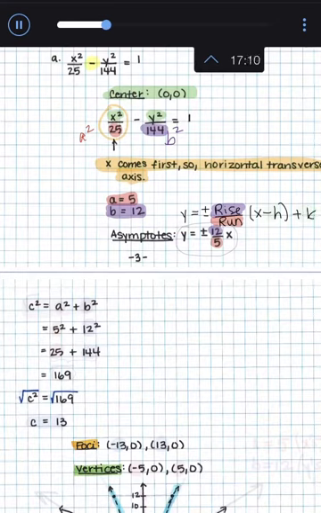So the h and the k here, because our center is at (0, 0), don't really matter. So our equation for our asymptotes is y equals 12 over 5 x. Remember, there's two asymptotes, one with a positive slope and one with a negative slope. So I need to put a plus or minus out in front.